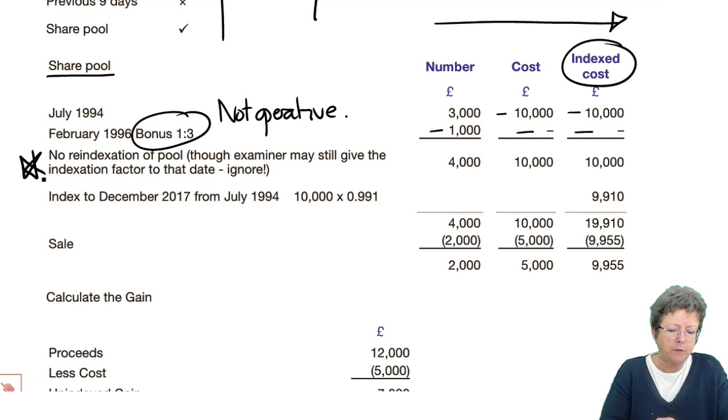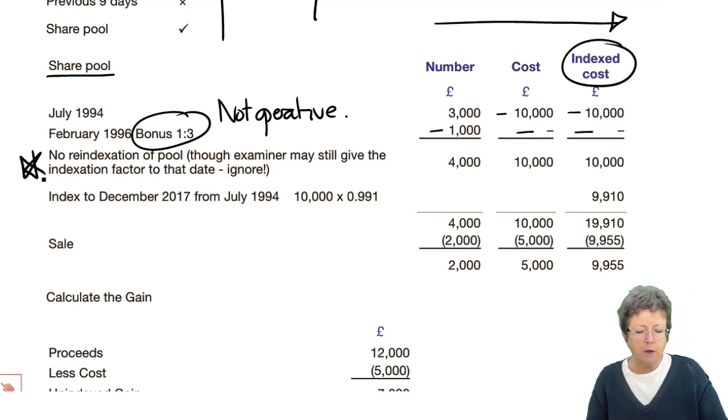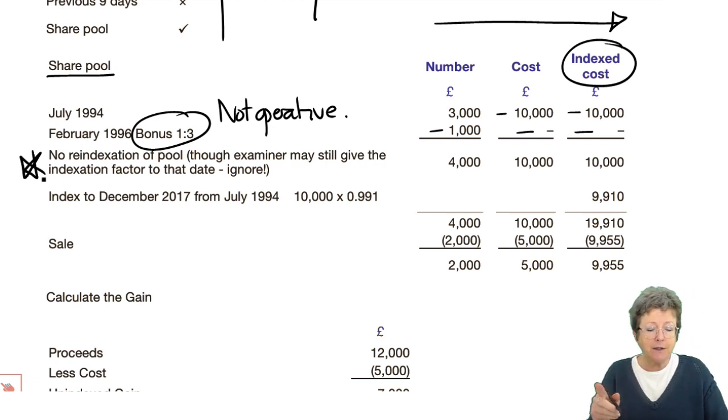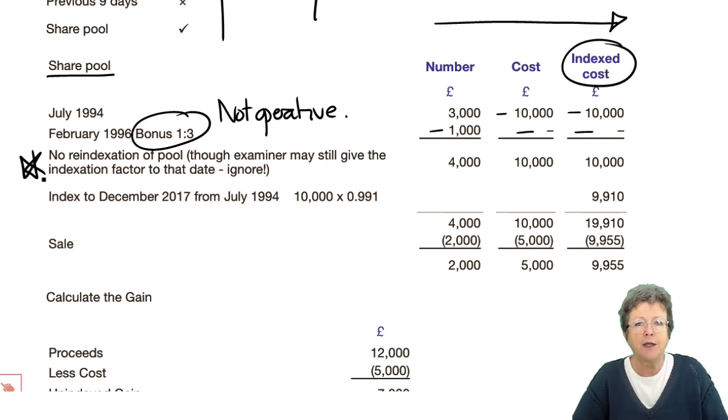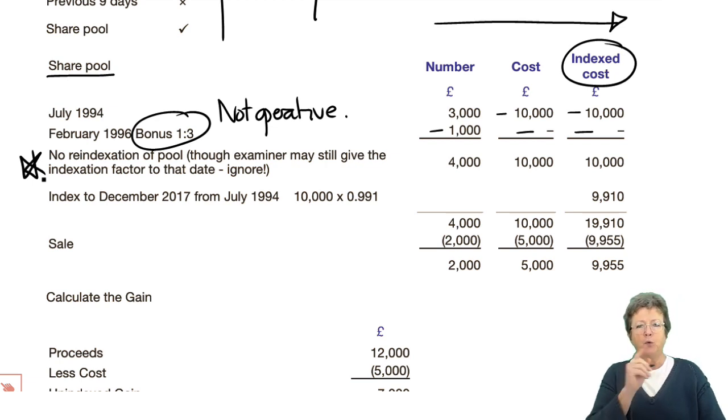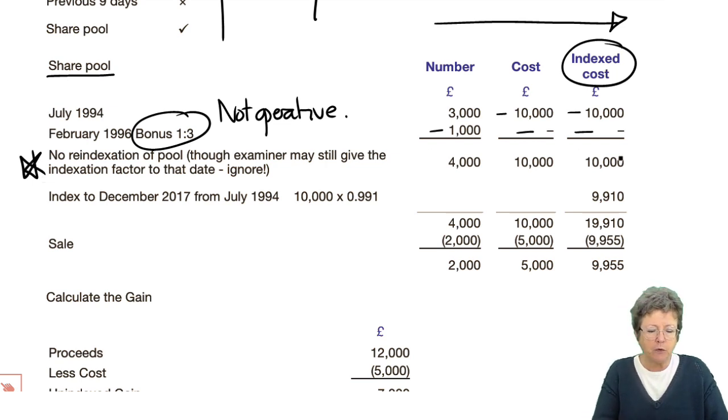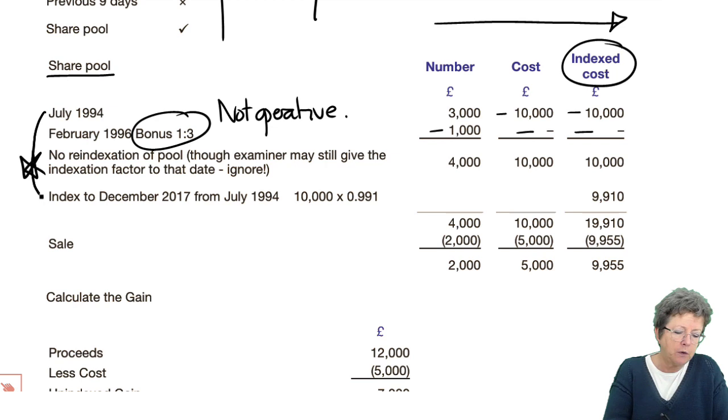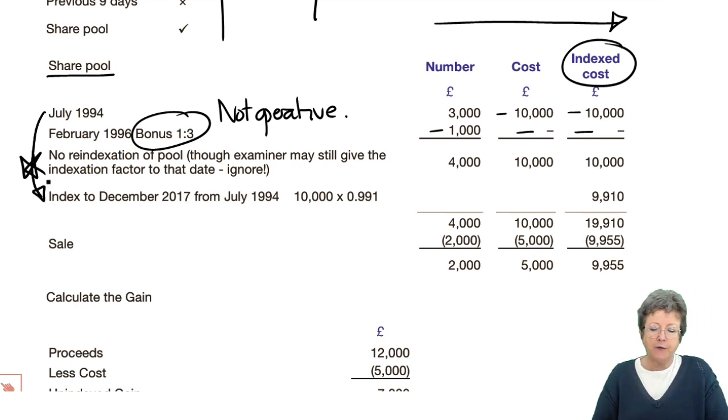See the note I've put here for you. No indexation of the pool, though the examiner may still give you the indexation factors to that date. Don't be fooled. Bonus issues, no indexation. Subtotal your columns, and then we need to index from the start of this pool up to the date of a sale.